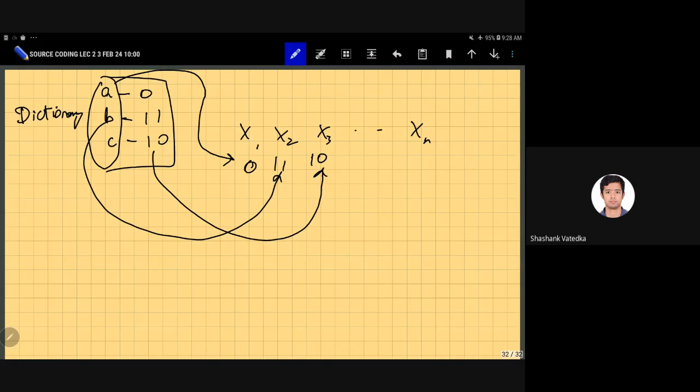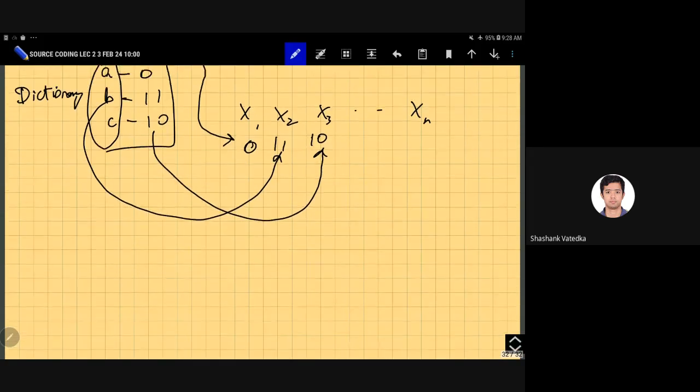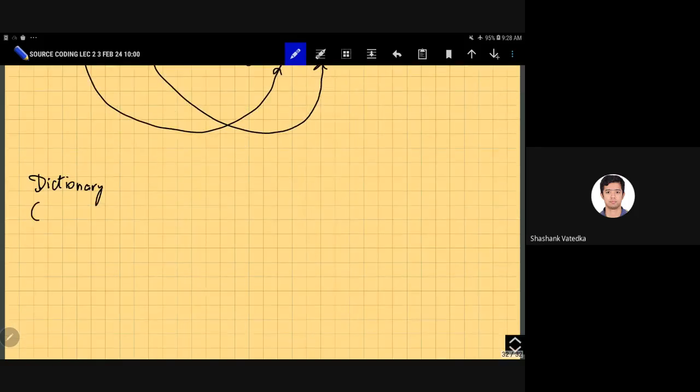This dictionary could be something arbitrary. So one way of designing a compression algorithm is that the dictionary could consist of sequences or subsequences which repeat very often. Let me call this a phrase. By phrase, I just mean a subsequence.